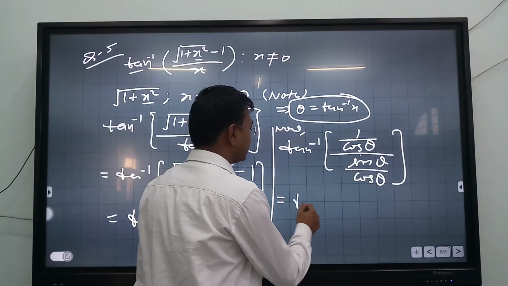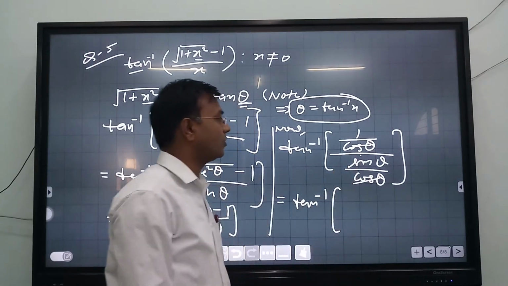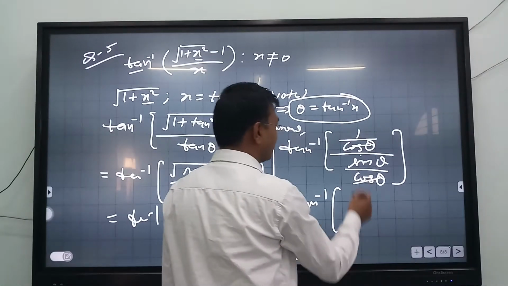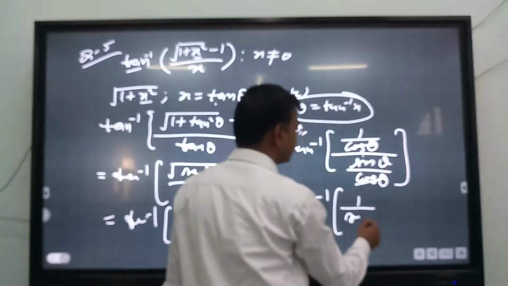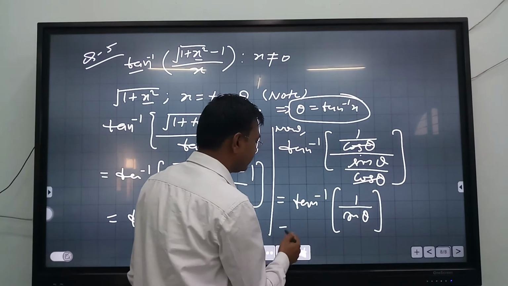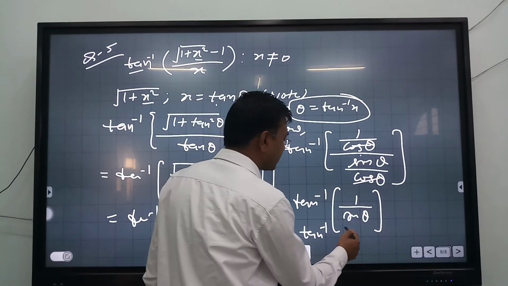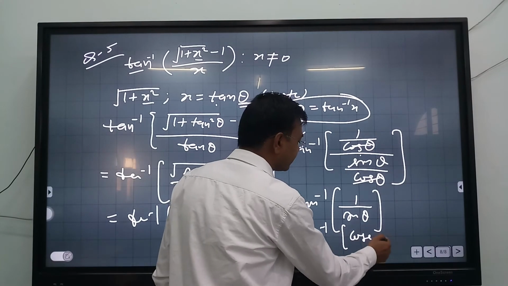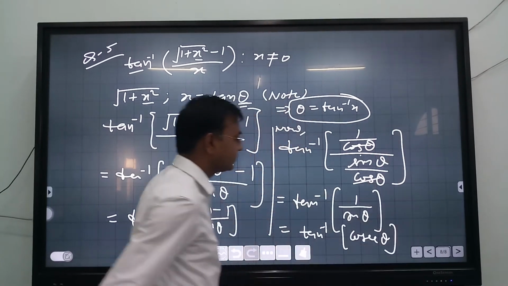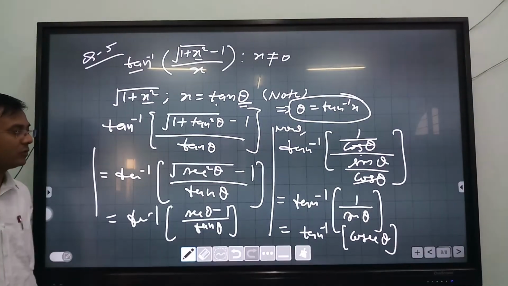So this implies tan inverse, cos and cos cancel, so that is 1 upon sin theta, and 1 upon sin is cosec theta.